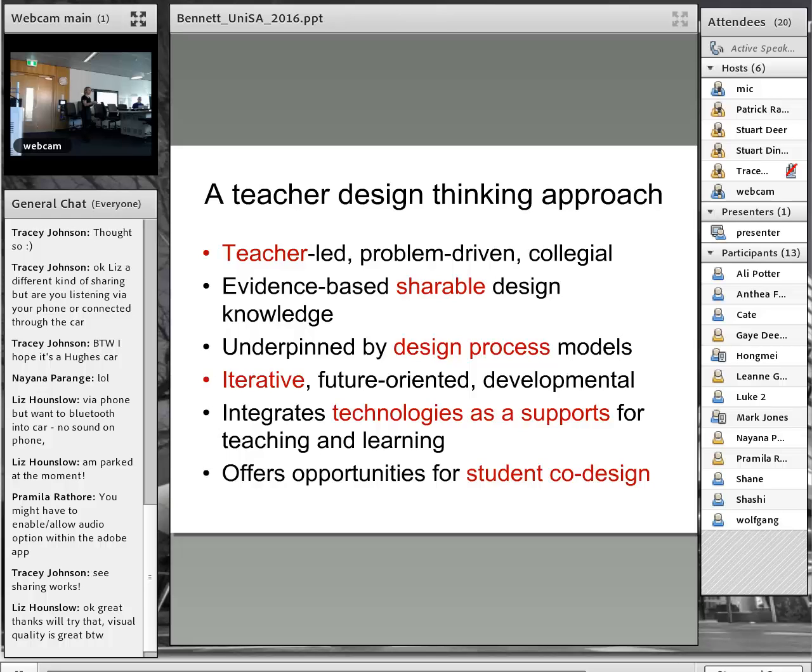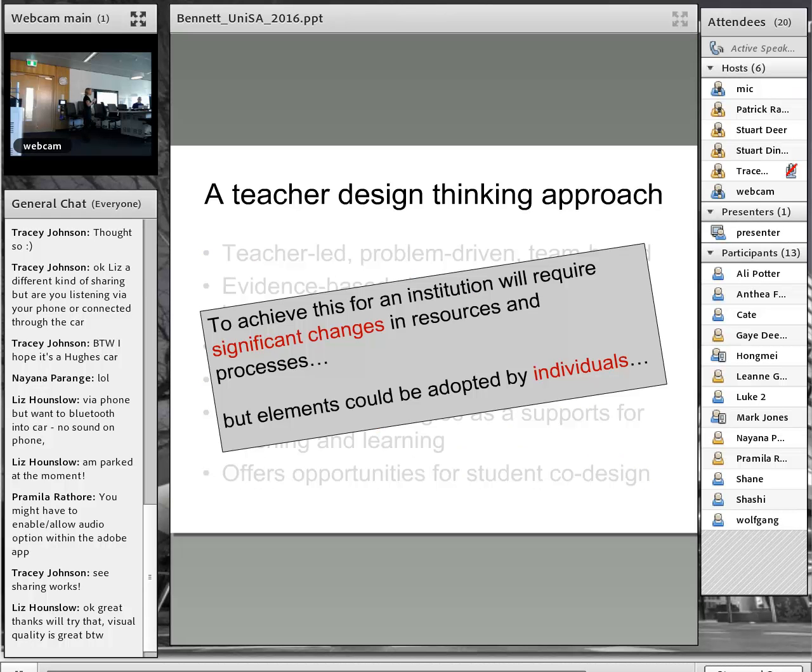Okay, all of that sounds great, but I think it would take an extremely brave Vice-Chancellor or Deputy Vice-Chancellor to take this on. So this would be a really significant change in resources and processes within institutions. Just from those few examples I gave you, it would mean changing quite a lot.